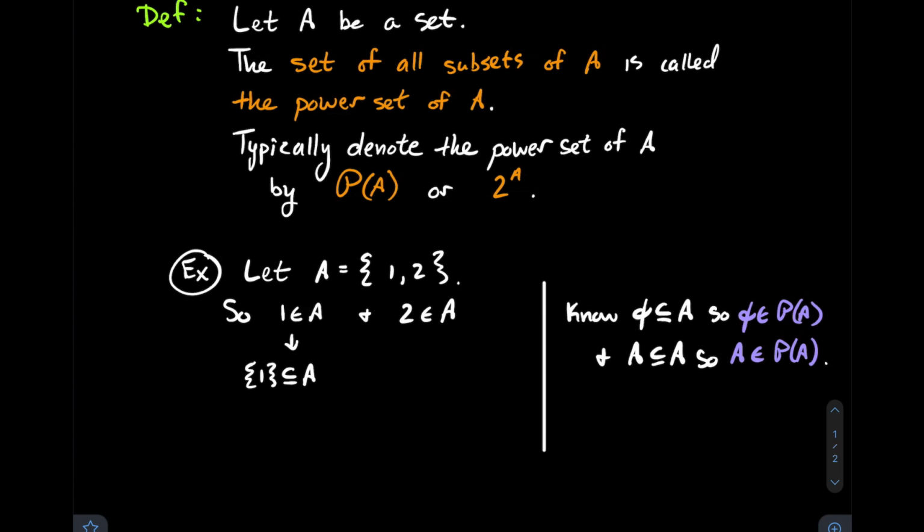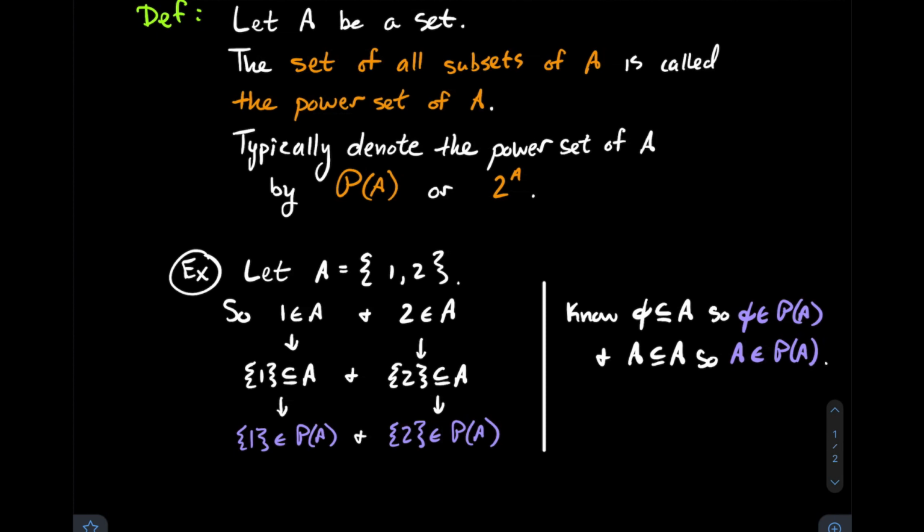So the set {1} is a subset of A. Notice, when I have an element and I put the little squiggly brackets around it, that set is a subset of A. Similarly, the set containing 2 should be a subset of A as well. Translating this, the set containing 1 is an element of the power set, and the set containing 2 is an element of the power set as well.